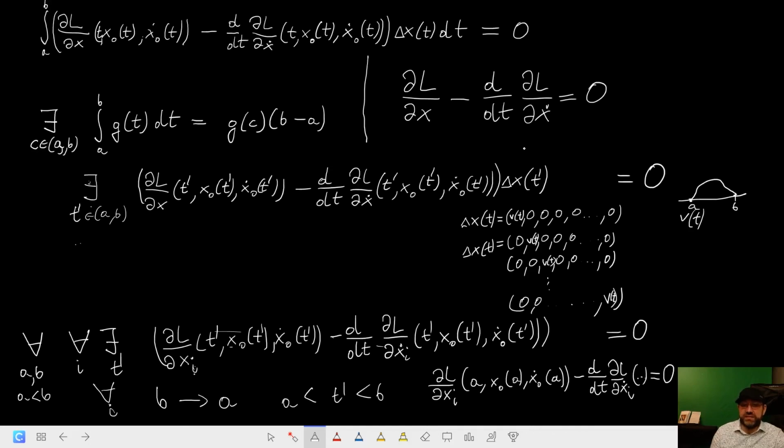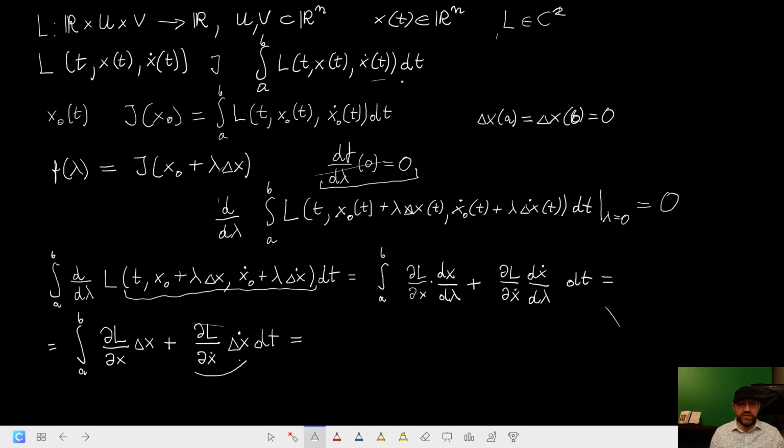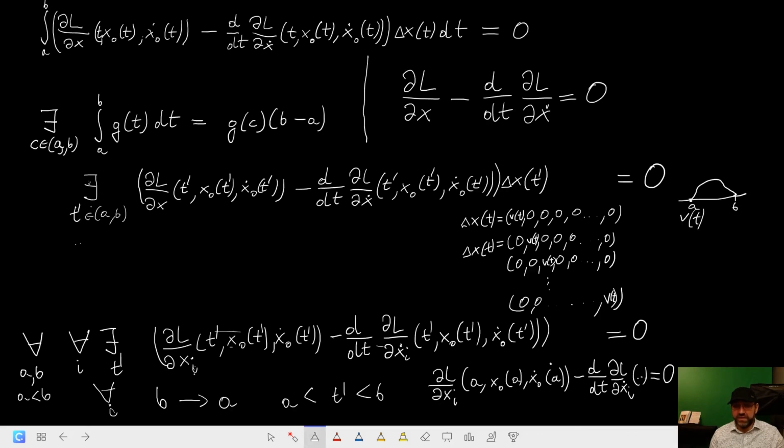So in effect, we have this equation for any x0 which is an extremum of this integral that we started. If x0 is an extremum of that integral, this equation holds.